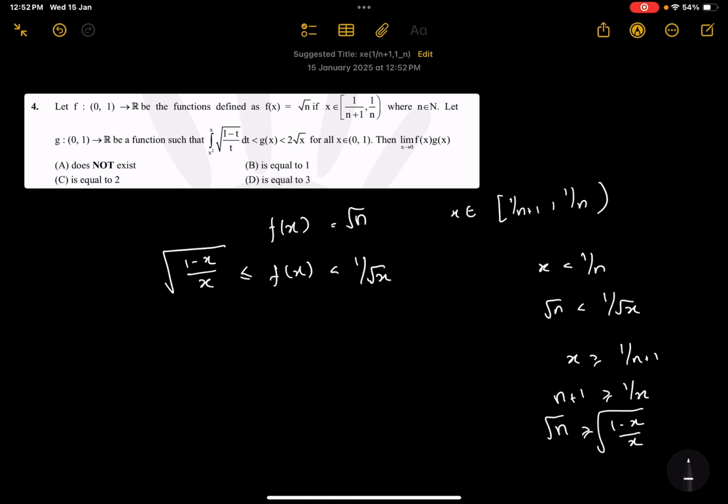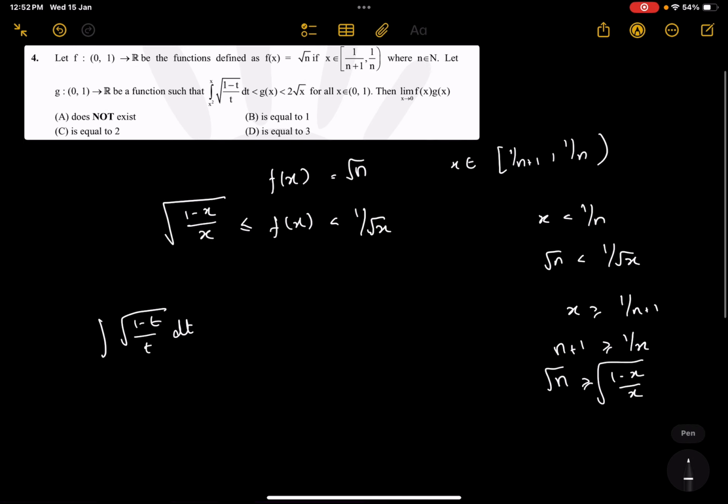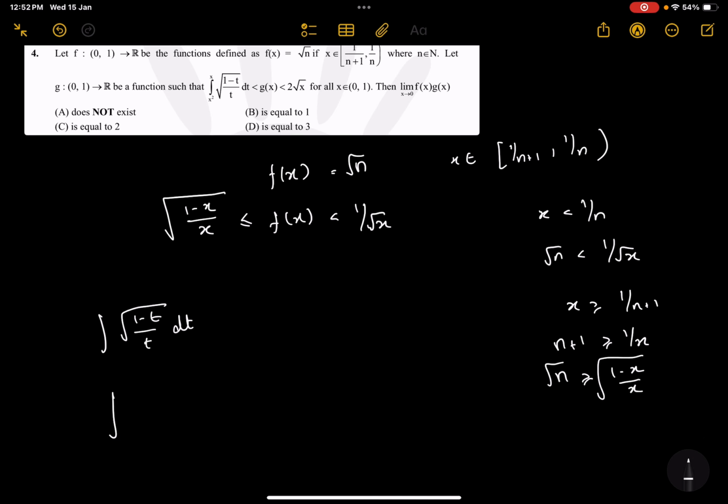We also have, let's first evaluate this integral. Let's first evaluate the indefinite integral. We'll substitute t by sine square theta. We'll get cos theta upon sine theta, and as t is sine square theta, dt becomes 2 sine theta cos theta d theta.